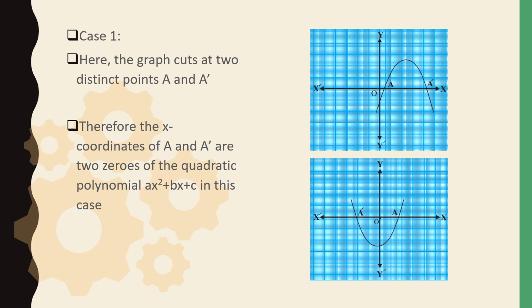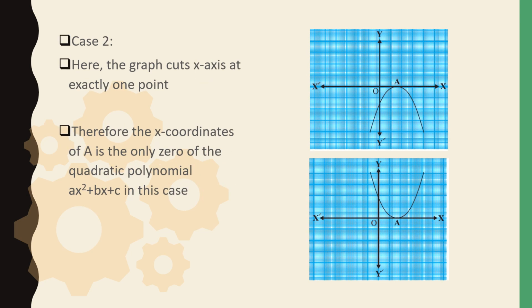In case 1, you can see the graph cuts at two distinct points A and A dash. This means that for this particular case, you have got two zeros for the quadratic polynomial ax square plus bx plus c. In the second case, you can see the graph is cutting exactly at one point in the x-axis.